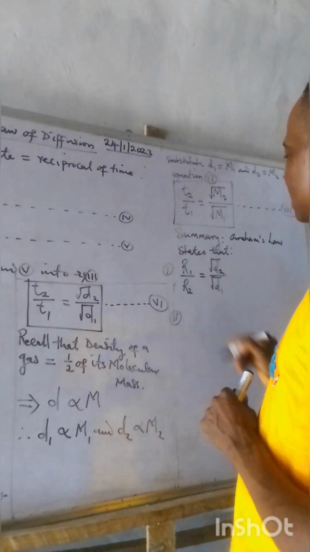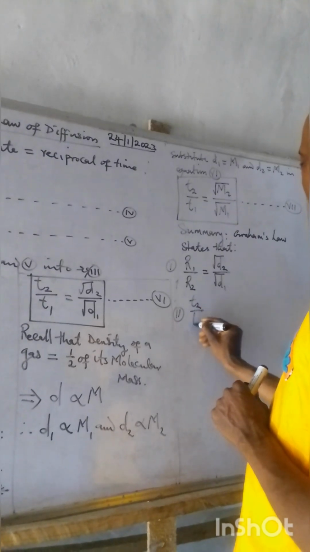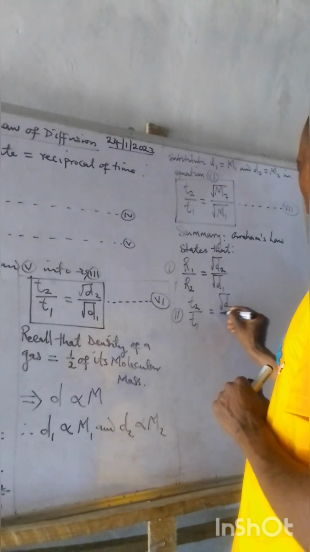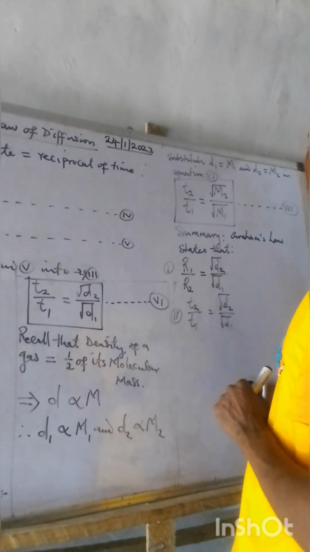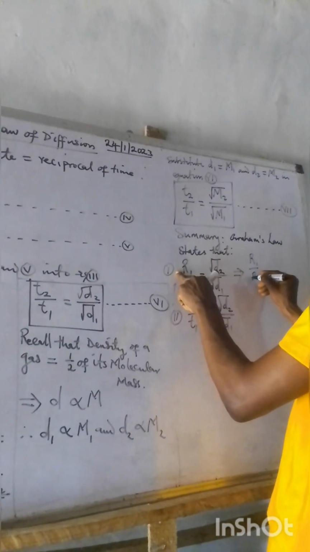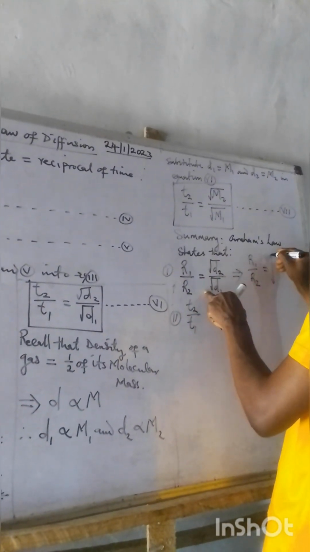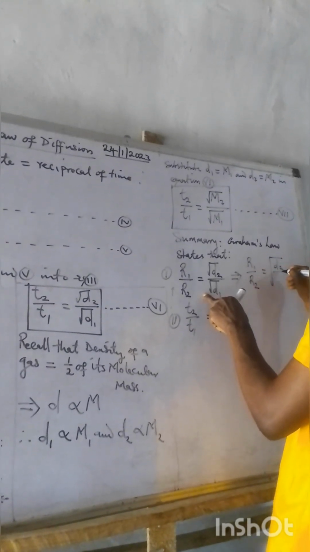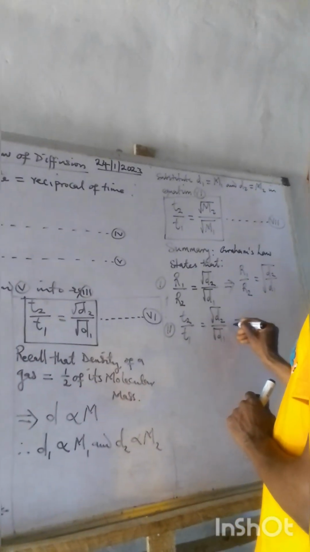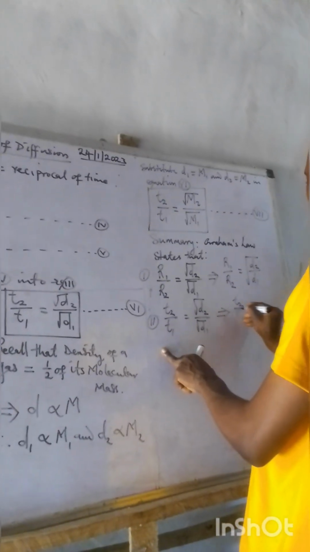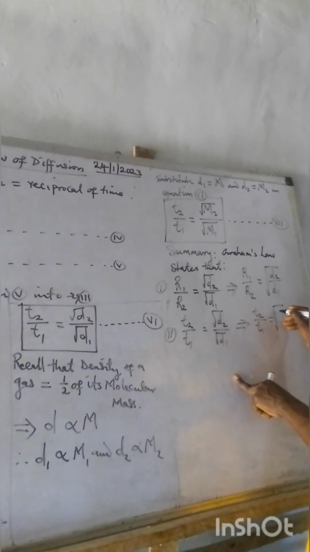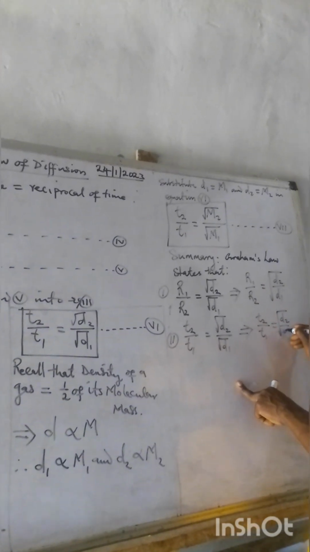We can also say that R1 over R2 equals square root of D2 over D1, the same thing. Here also, we can say that T2 over T1 is equal to square root of D2 over D1.